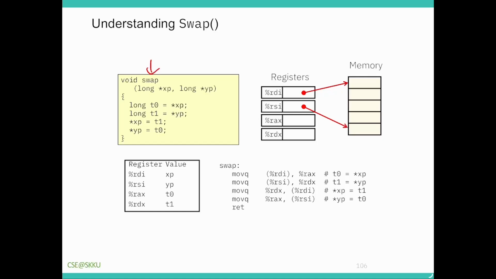It takes 2 long pointer types, and what it does is swap the values, meaning the memory location pointed to by XP will now store the value pointed to by YP, and YP will now store the value of XP.